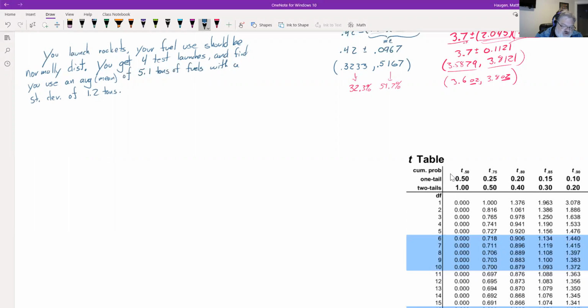Well, we could say the average fuel use is going to be 5.1, but based on only 4 launches, we really want an interval around that, right? 5.1, well, how close to 5.1 do we think the true average is? Well, that's what our confidence intervals are for, right? So what do we think the true average is?